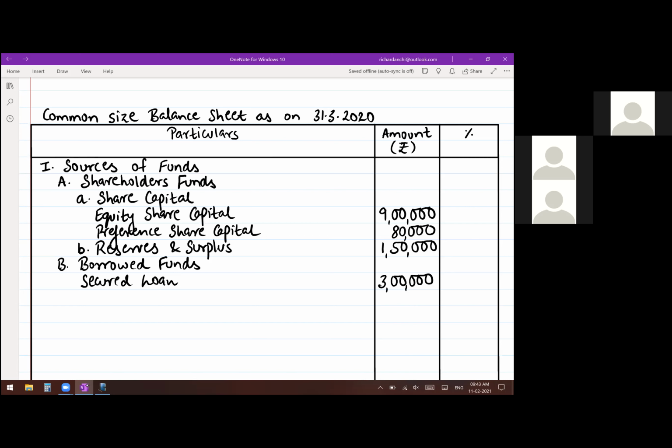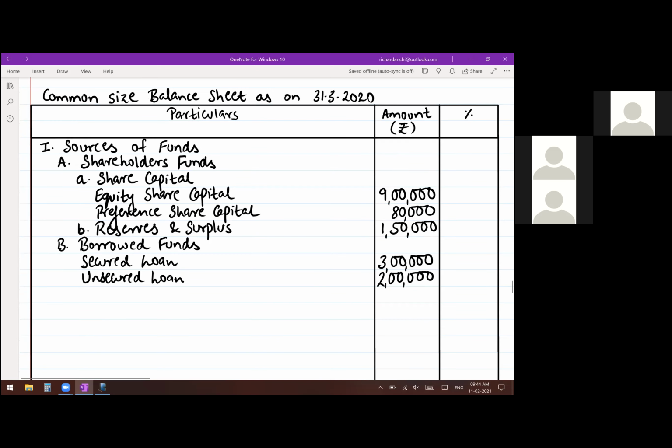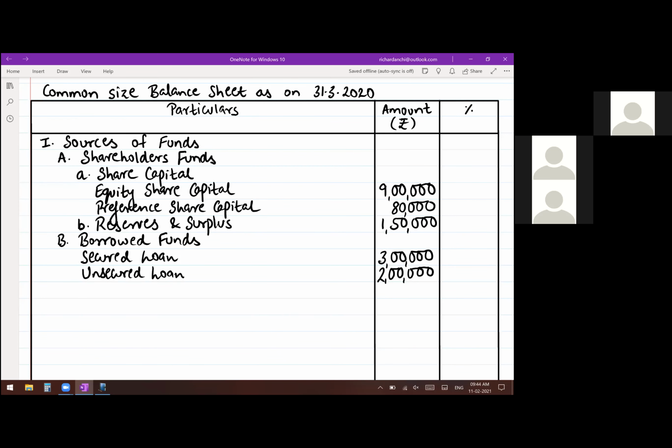And below that you have unsecured loan. Amount is 2 lakhs. Okay, that's it. Your sources of fund side is complete. Take the total and call it total funds available.